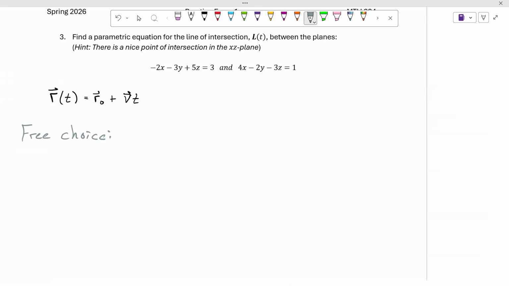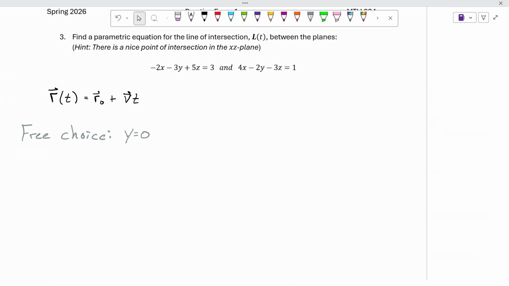And here's where I'm going to use the hint that was provided to me. There is a nice point of intersection on the xz plane. The xz plane is the plane y equals 0. So I'm going to use that hint to guide me toward finding a point that's going to work. So that's going to be my free choice because it came from the hint. I try y equals 0.